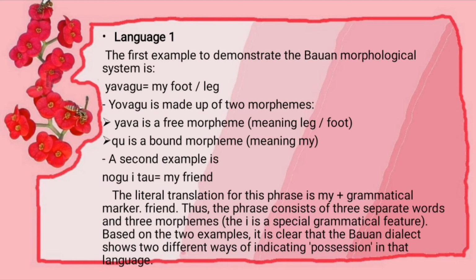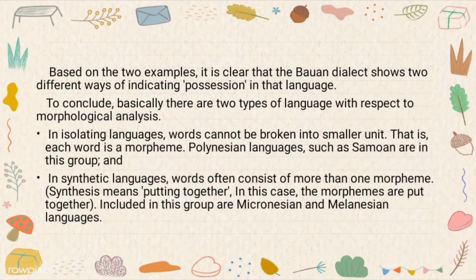Thus the phrase consists of three separate words and three morphemes. This is a special grammatical feature. Based on the two examples, it is clear that the Bauan dialect has two different ways of indicating possession in that language.